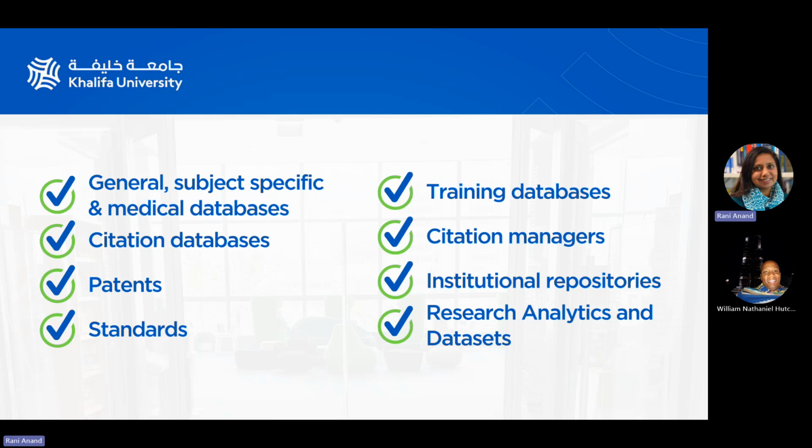Then there are research and analytics datasets like Knovel. Knovel is an academic ebook database, but it comes with a lot of reference data or research data, graphs, and equations. You can build your own equation using Knovel analytics.